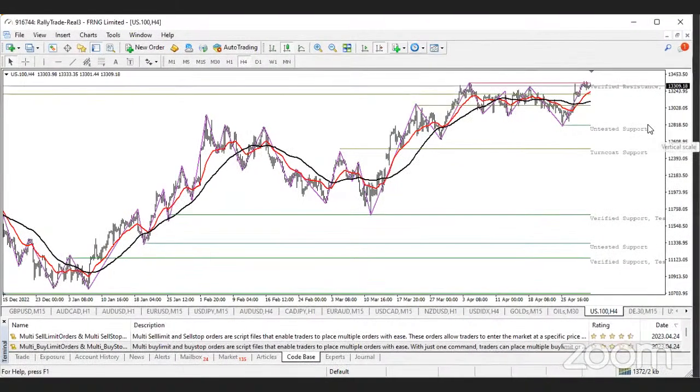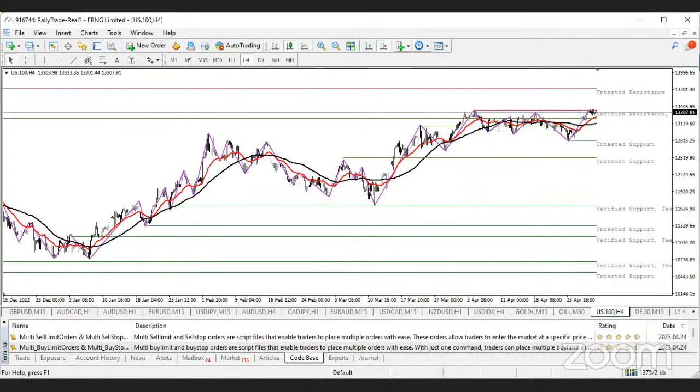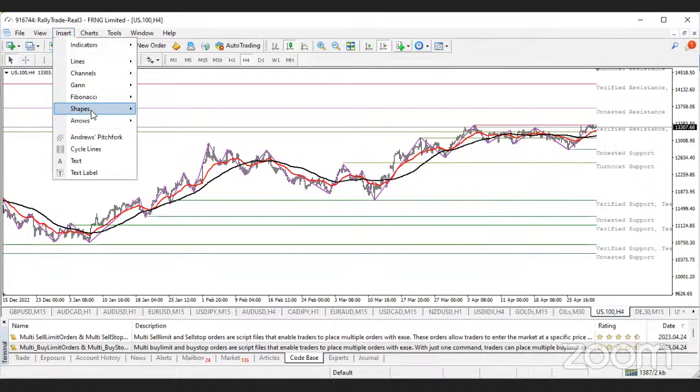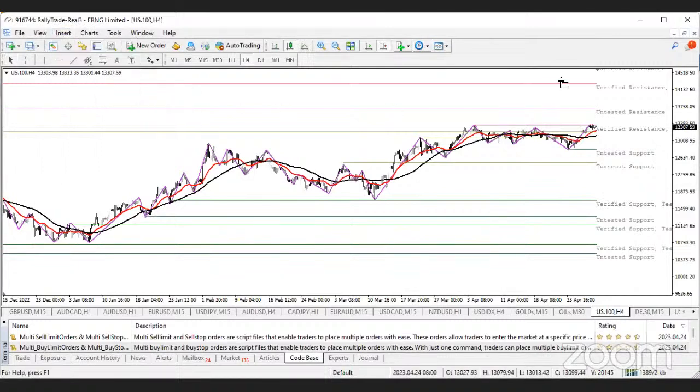So if you really want to enter a trade on US 100, then you should be looking at a buy between this range. The reason is very simple, especially for my long-term traders. Wait for it to break above this point, then look at a buy. Let me insert this.